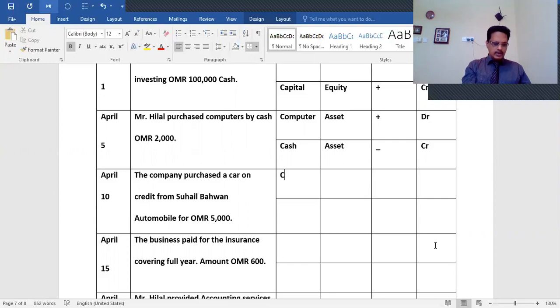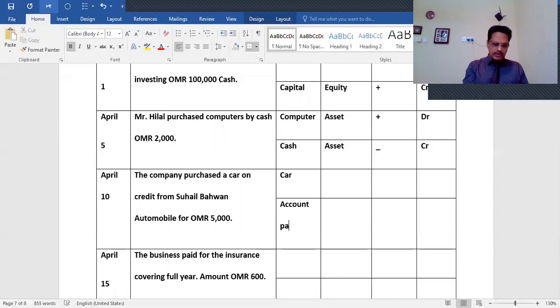So here, the accounts are car, and second is Suhail Bhavan. Normally, if the name is not given, we write accounts payable. Otherwise, in Tally and all, we have to write Suhail Bhavan. But as you see in the pattern, the name is not used, it is given as accounts payable. So it is better we treat this as accounts payable, even though the name is there.